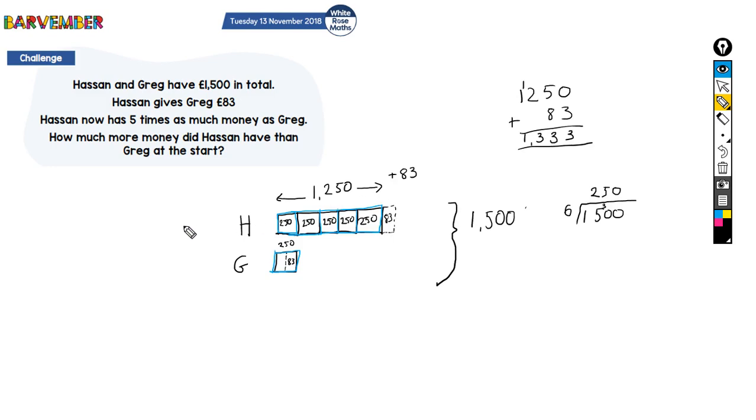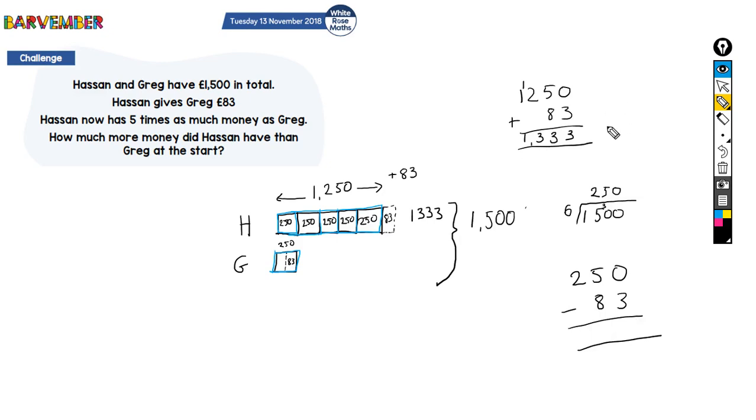Okay, so Hassan is, I'm just going to write this here, 1,333. And then Greg, what did Greg have at the beginning? Well, Greg did not have this 83 at the beginning. Remember, that's what was given to him by Hassan. This whole block is worth 250, and so I need to subtract 83 from 250. I ought to be labeling these, of course, as I go along.